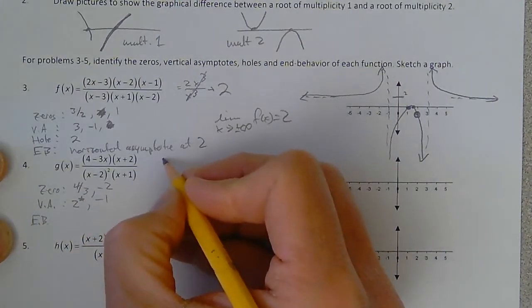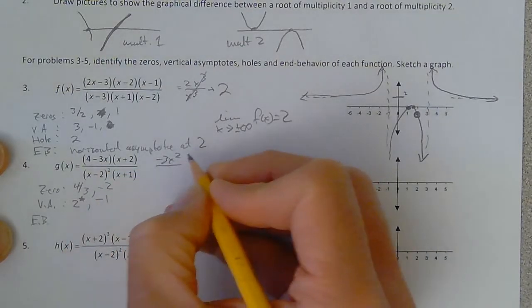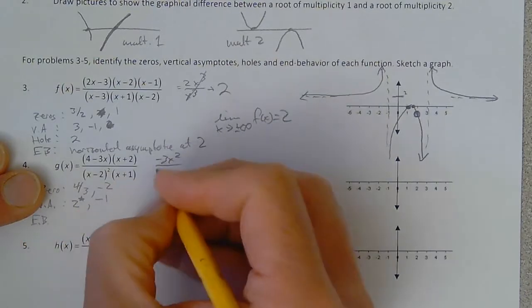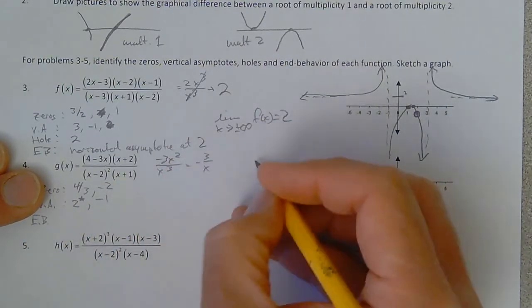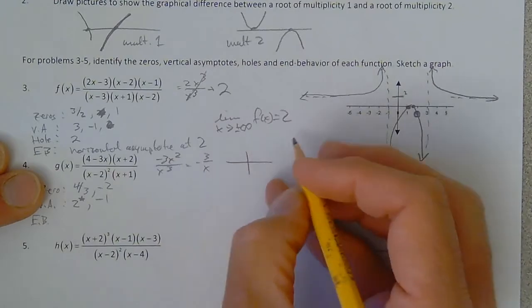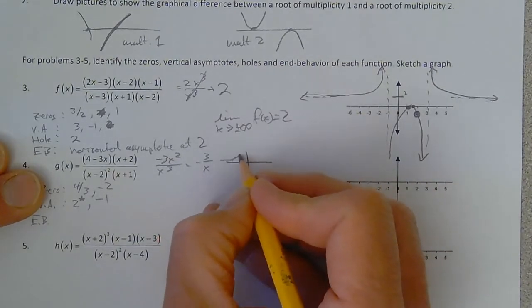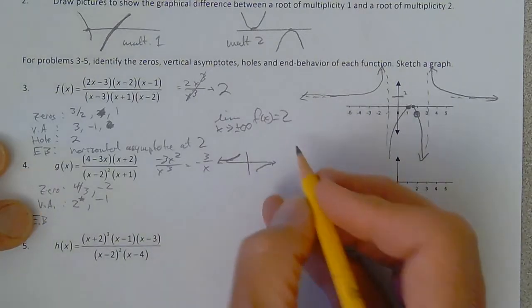My end behavior, if I multiply these together, this is going to be a -3x squared over, this would give an x squared times an x, that's an x cubed, which reduces to a -3 over x. 1 over x with a negative leading exponent will have a graph like this.